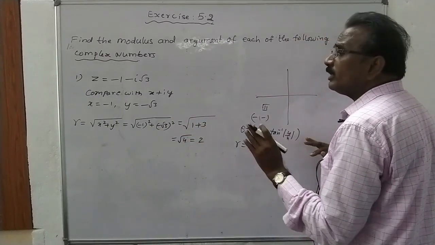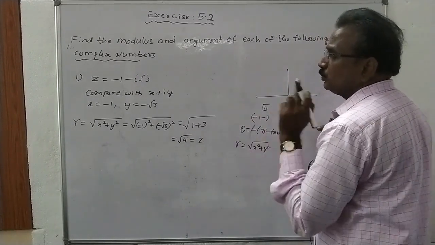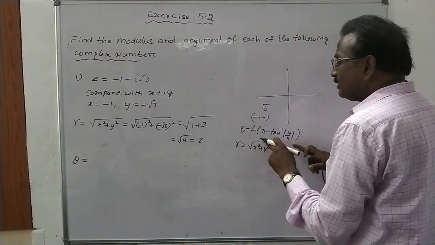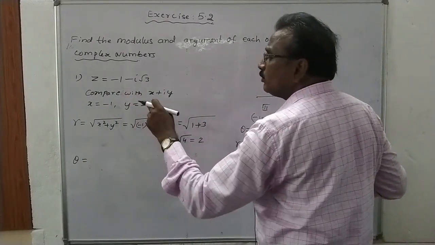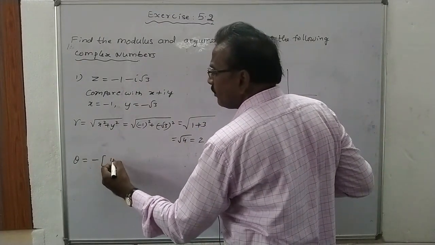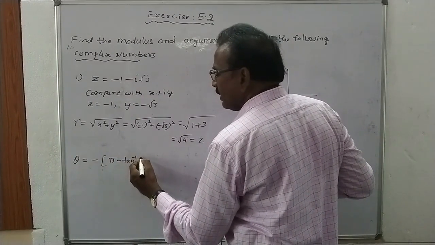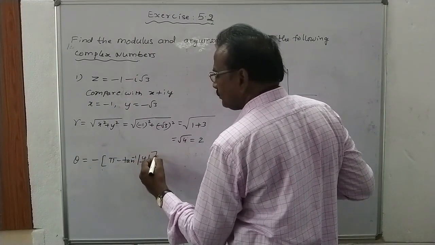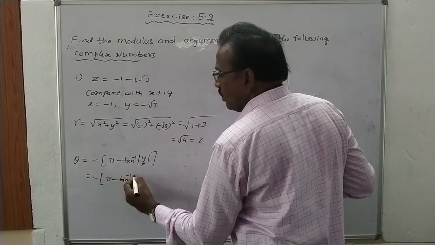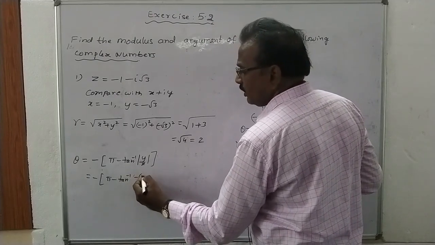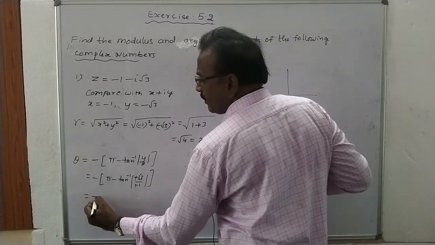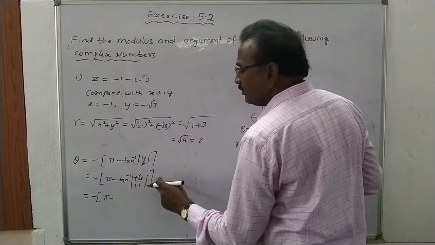Therefore the modulus of this complex number is 2. Now the theta value, the amplitude: the complex number lies in the third quadrant because x is negative and y is negative. In the third quadrant, theta value is minus of pi minus tan inverse modulus of y by x, that is minus pi minus tan inverse of minus root 3 by minus 1, minus minus cancel, so minus into pi minus tan inverse root 3.